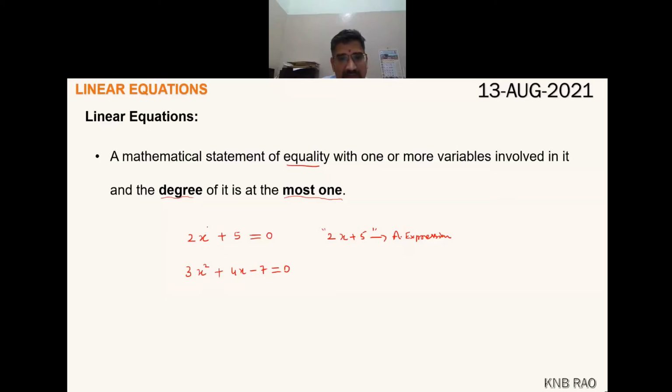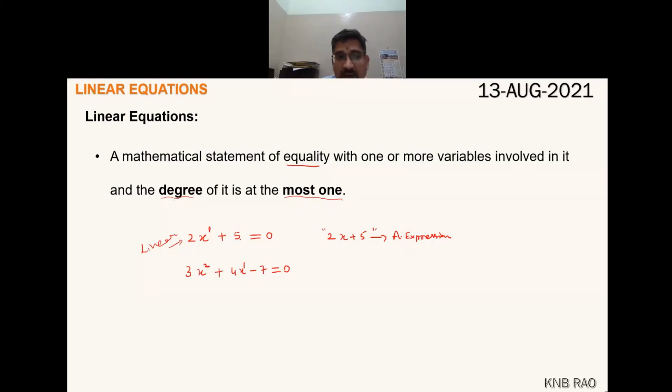If you see the power of the variable, that is the degree of the variable, here in this term it is 2, in the other term it is 1. That means the degree of the variable is maximum 2. Whereas in the other one, the degree of the variable is at the most 1. We call this a linear equation, where the degree of the variables is at the most 1.